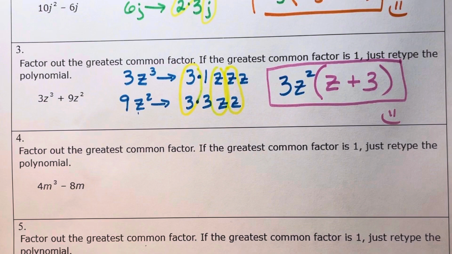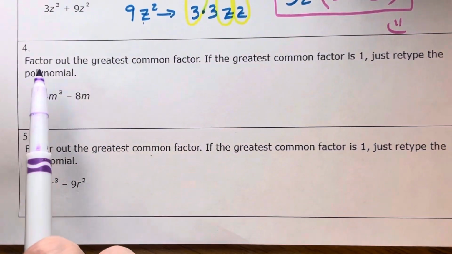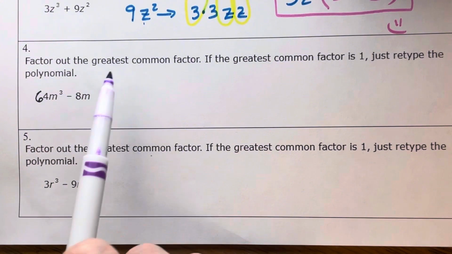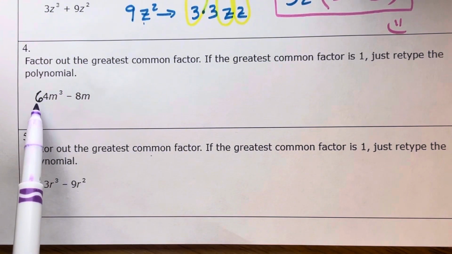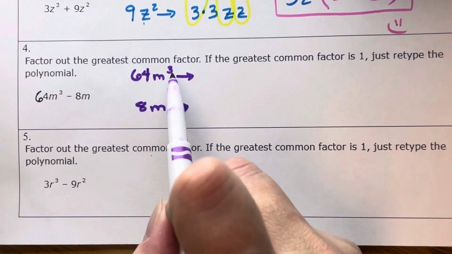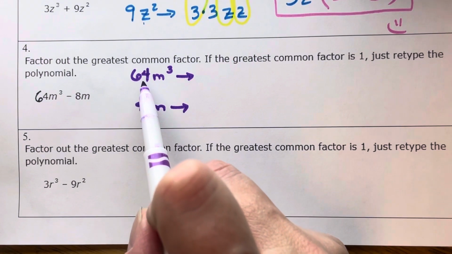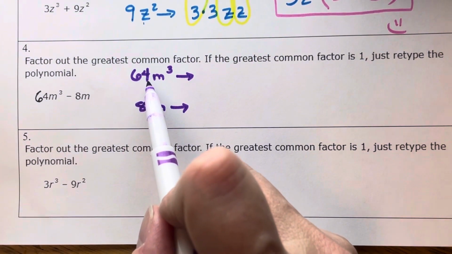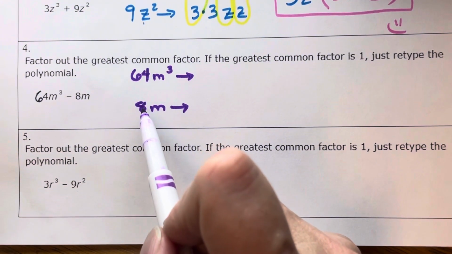go. In example 4, let's again factor out our two terms using the greatest common factor. I adjusted this problem slightly, and you'll find out why in just a moment. Let's break down 64m cubed. So remembering that we want to work with primes. 64, sure, it comes from 8 times 8.